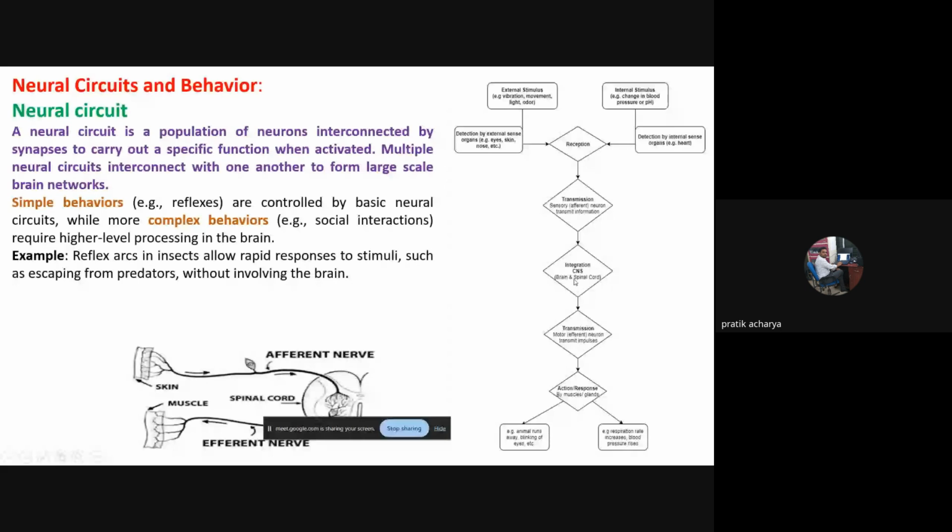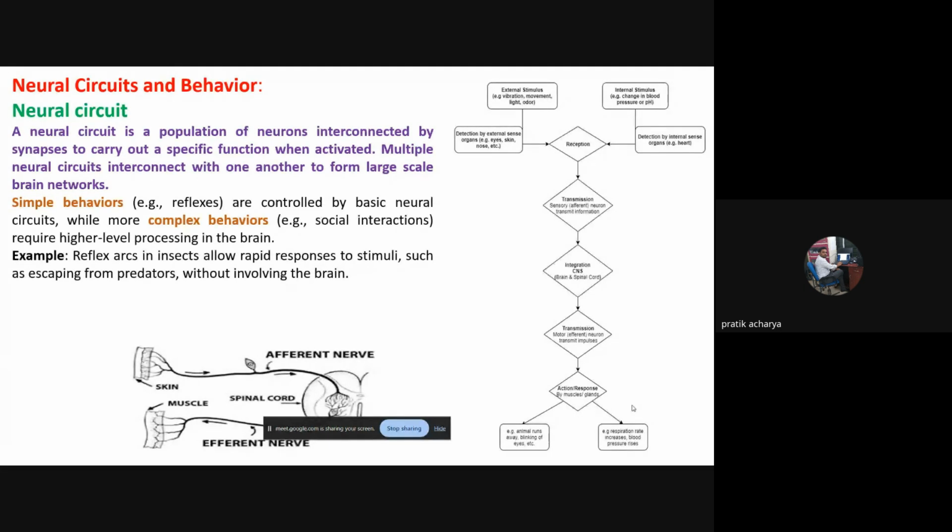The brain makes the decision and sends it to the spinal cord, and then transmission goes from the spinal cord to different body parts for different actions like running, blinking of eyes, increased respiration rate, rising blood pressure, everything. These kinds of actions are the complex behavioral pattern. So these are the generalized neural circuits and behavior.